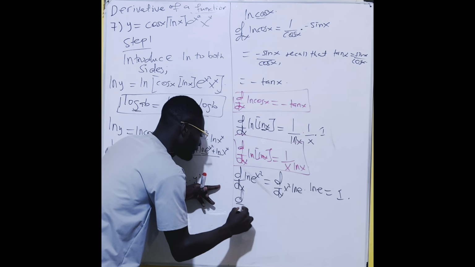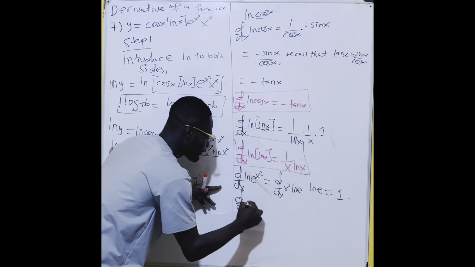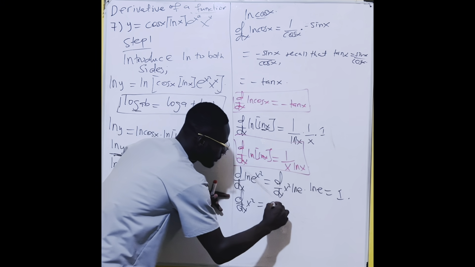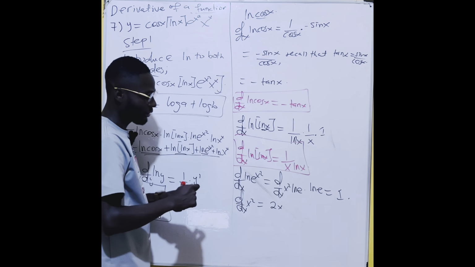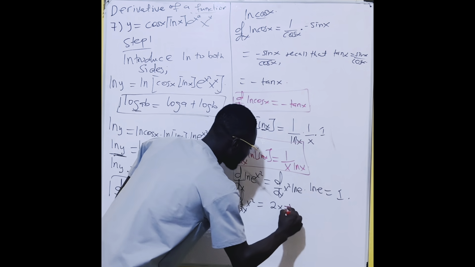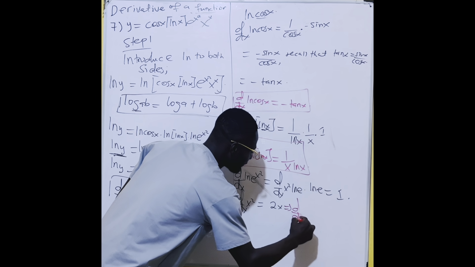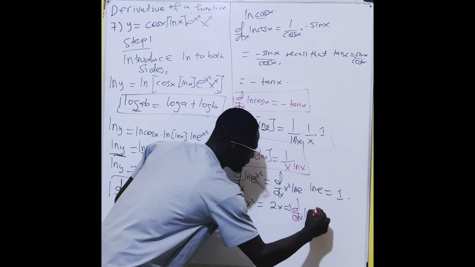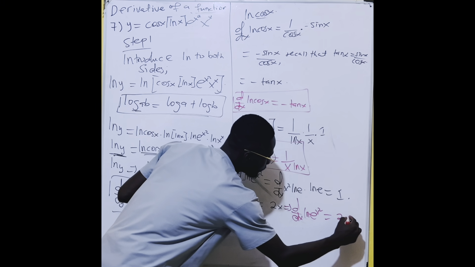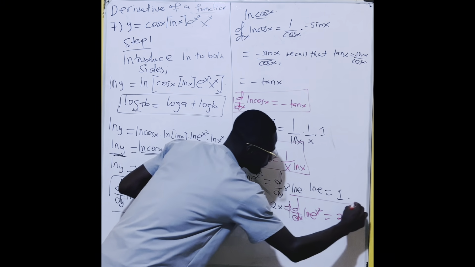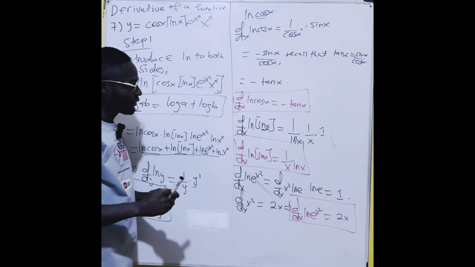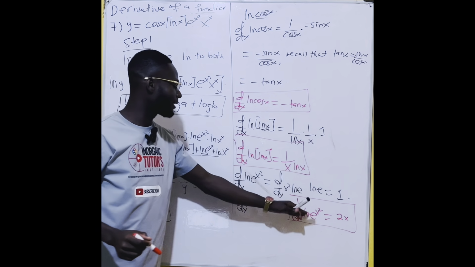So we're going to have the derivative of x squared to be equal to 2x, right? So this implies that the derivative of ln of e to the x squared is equal to 2x, right? So we have first term, second term, third term.